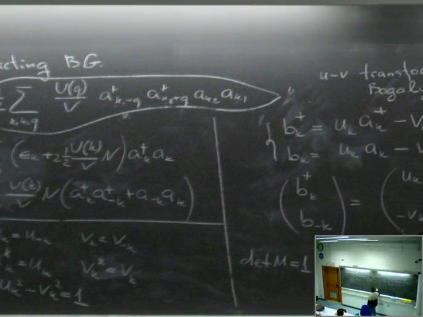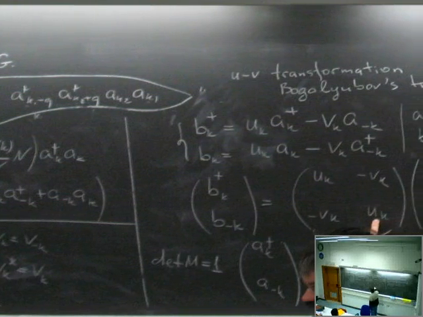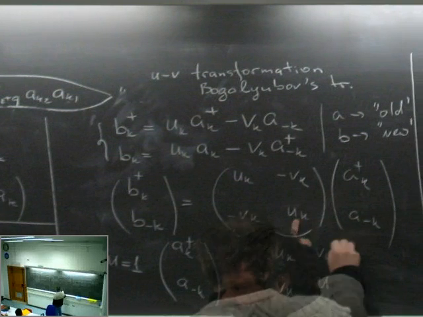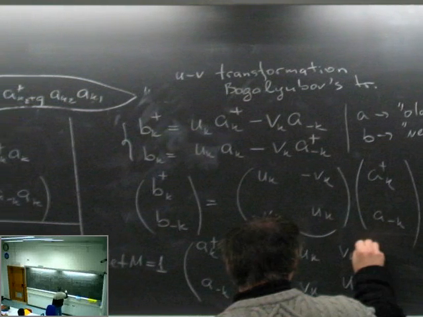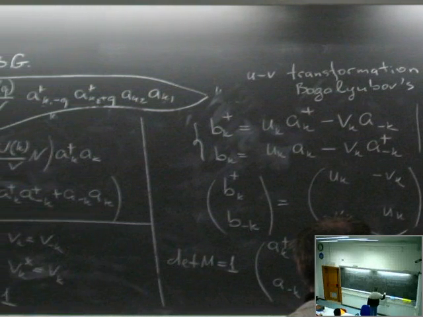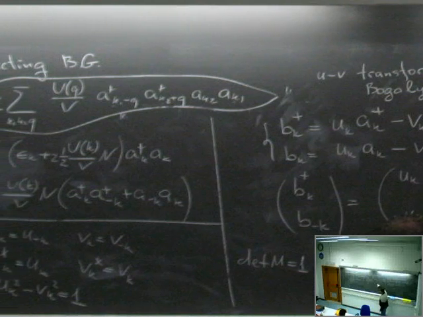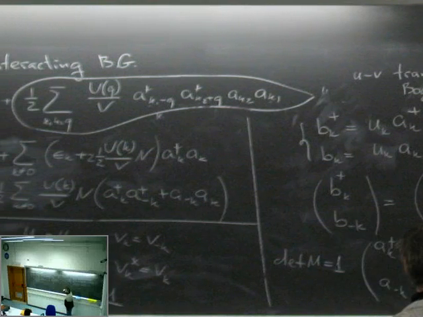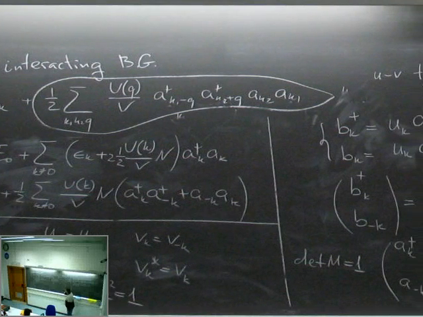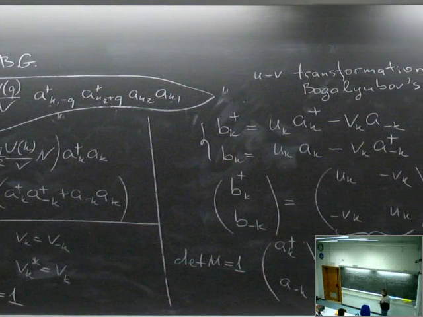So here it's u_k, here the minor is minus v_k, so it's v_k, u_k, and here it's (b_k dagger, b_minus_k). So this is how the inverse matrix looks. The only difference is that instead of minuses, I have plus there. You can check that multiplying these two matrices, I get the unit matrix.